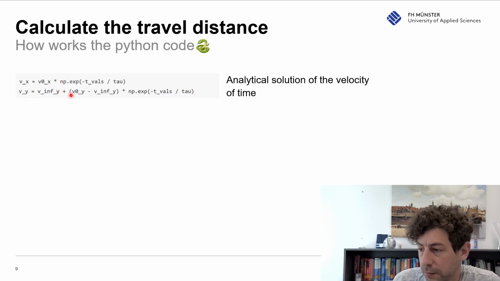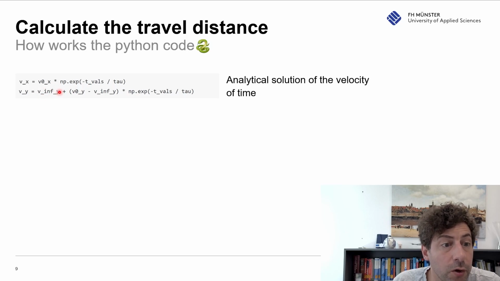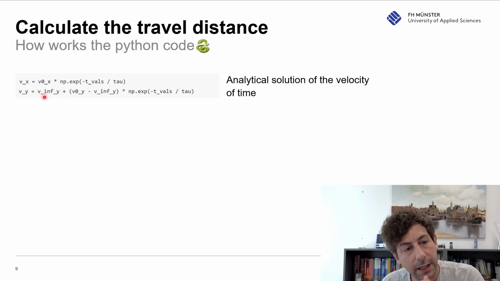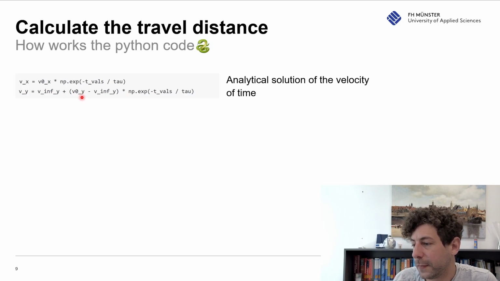At the very first, this part here equals this part, and with increasing time this part gets smaller, smaller, smaller, so this part gets larger, larger, larger, and it converges to the final velocity in y.